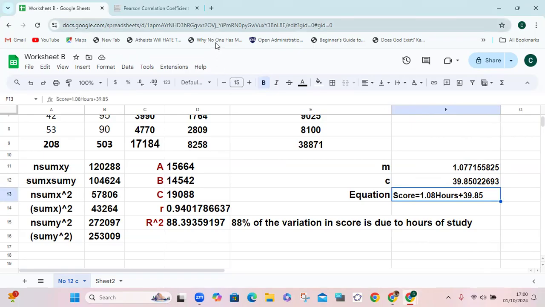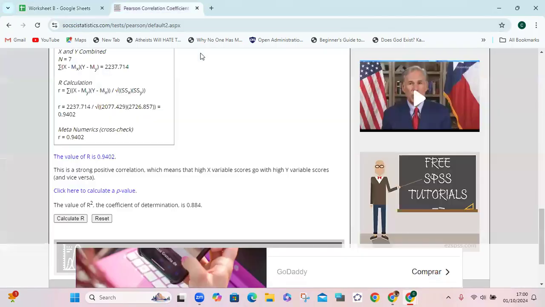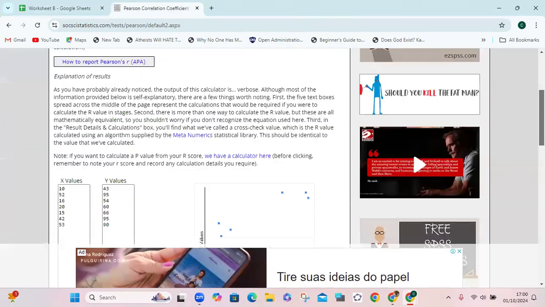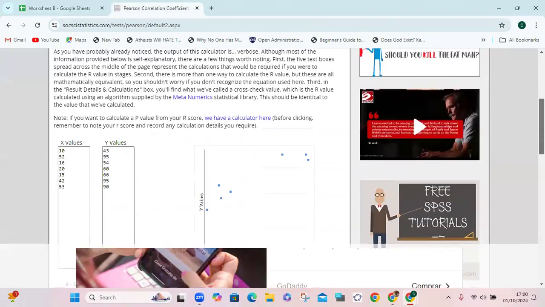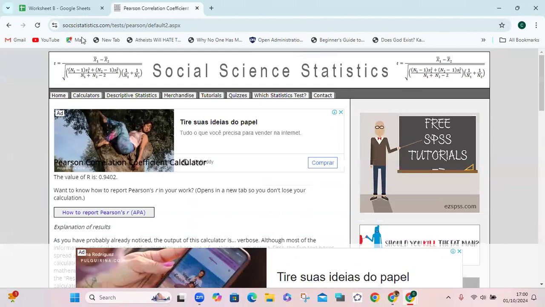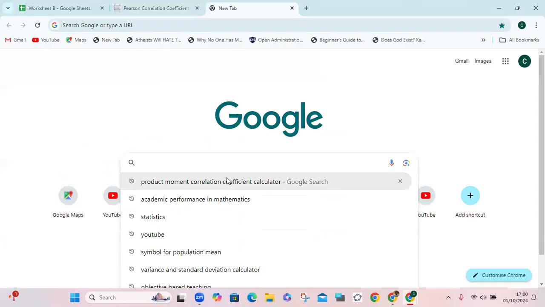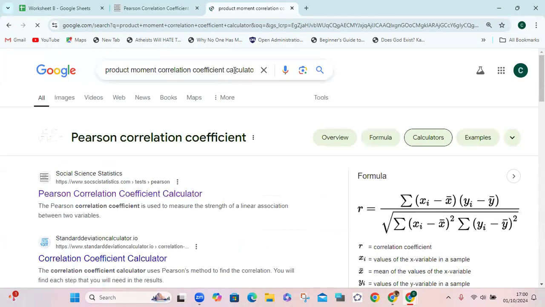Also, you can confirm that equation using an online calculator. So you can type in Google product moment coefficient calculator with least squares or linear regression or linear equation, or linear model.